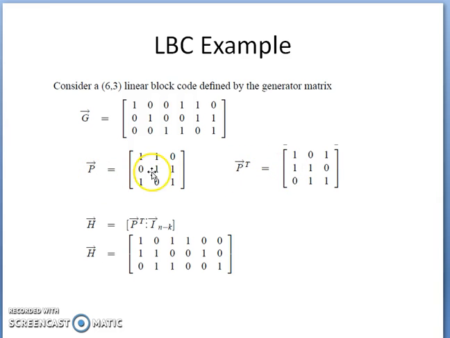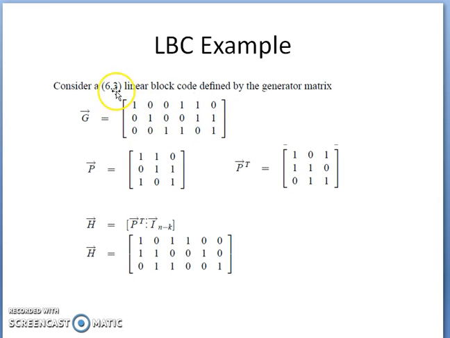So rows are exchanged for columns to get the P transpose. Now why are we discussing P transpose? Because we have to find out H and H transpose. First of all, I'll explain the need of the generator matrix. The generator matrix is required because you have to find the linear block code words from the message bits. How many messages will there be in this example?